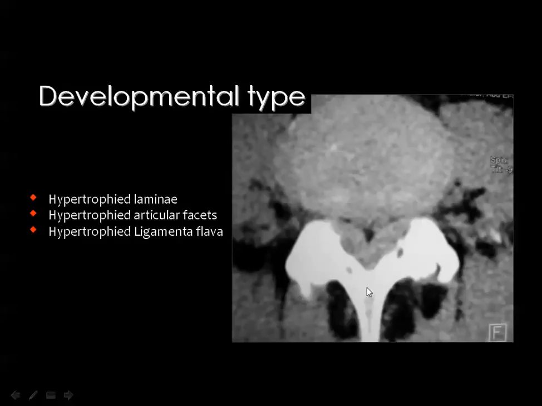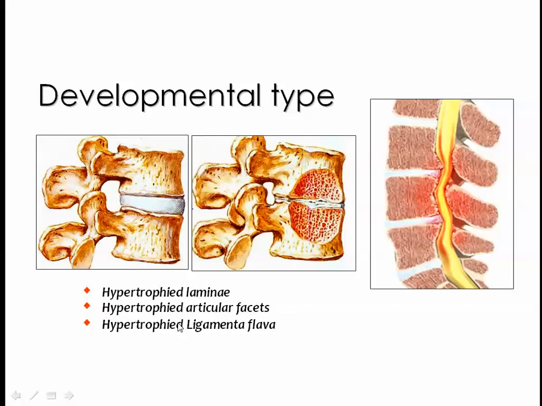As you can see, this is the lamina, which in this type of stenosis will be thick, and the interlaminar angle will be acute. Then the developmental type of the spinal canal stenosis, as you can see, this is the normal spinal canal, and this is the developmental type of spinal canal stenosis, where you can see that the articular facet is large and the lamina is short.